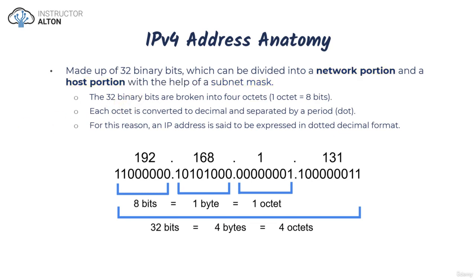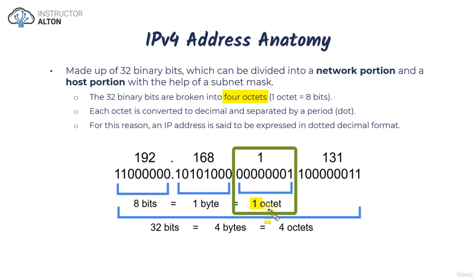Now, in terms of basic terminology, there are multiple different ways in which we can express the 32 binary bits here. They're broken into 4 octets. Each area that's separated by a dot, we call an octet. So for example, right here, I'll put a box around it. This is an octet.